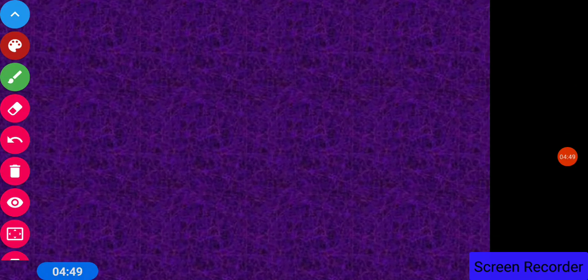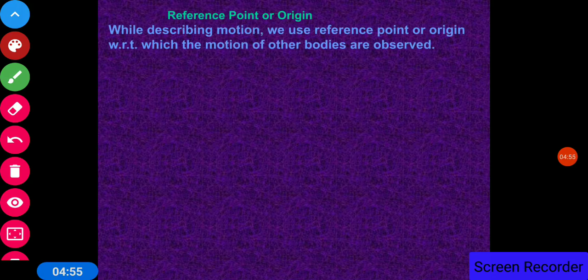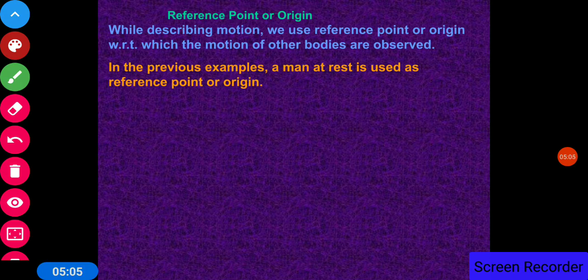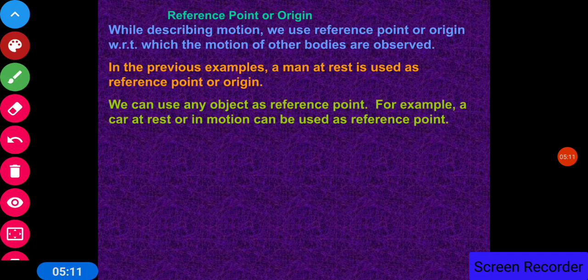Now, reference point or origin. While describing motion, we use a reference point or origin with respect to which the motion of other objects is described. In the previous example, the man at rest is used as the reference point or origin. We can use any object as a reference point.